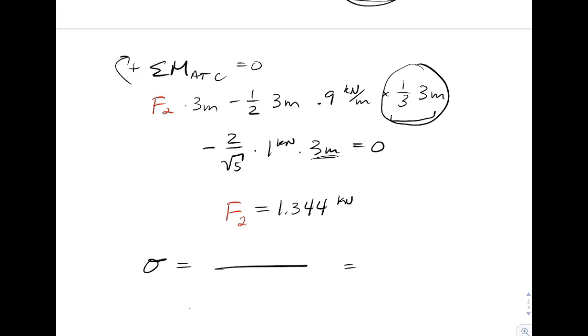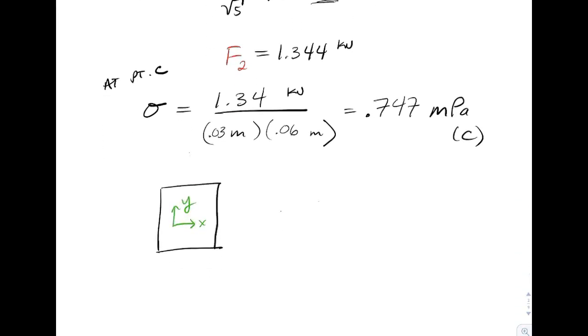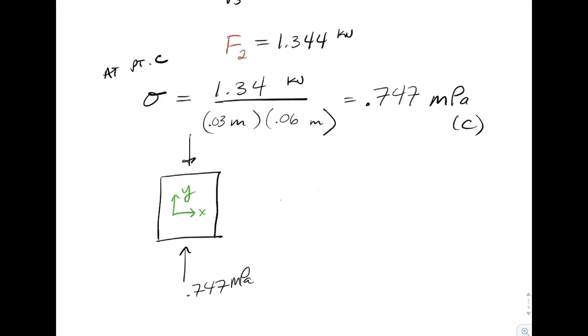So all we have in this 2-force member is normal force, the axial force. So the only stress is normal stress from P over A. And there's our answer for the stress state. This is at point C. If we go ahead and draw that, we end up with a very nice, easy picture.